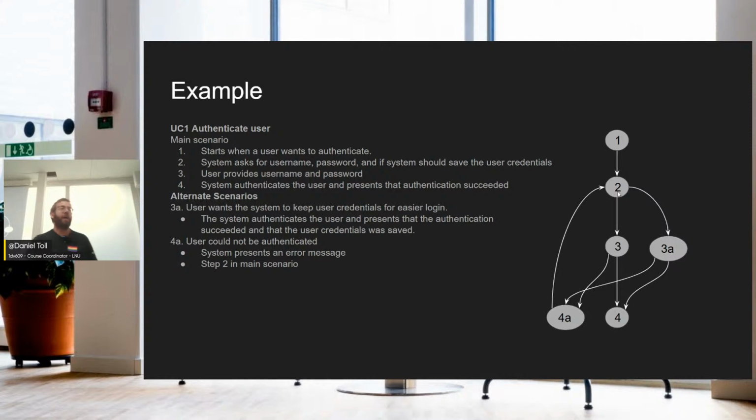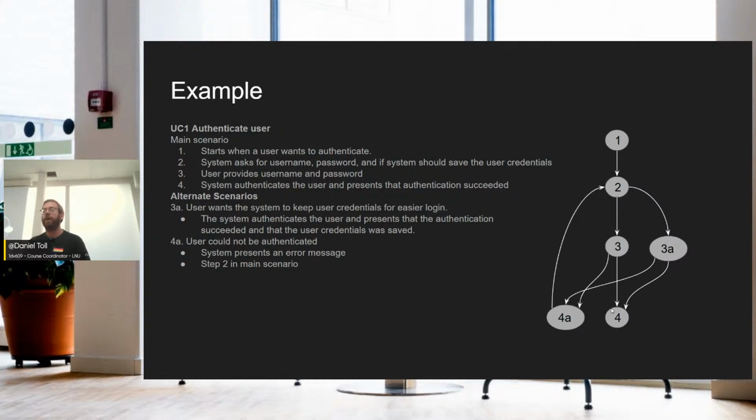So this now is probably more specified towards a specific system where you can save credentials. 3 is user provides username and password. You can see down here. And then 4 is system authenticates the user and presents that authentication succeeded. So the main success scenario is just a path down here. So in order to cover that main success scenario, we just need one test case.